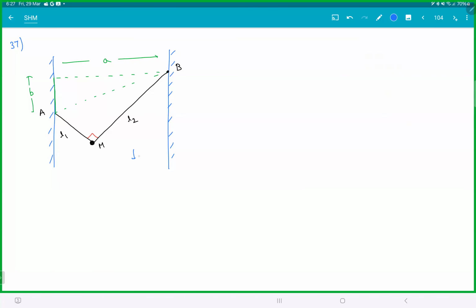Gravity is there. Find the time period for small oscillations.